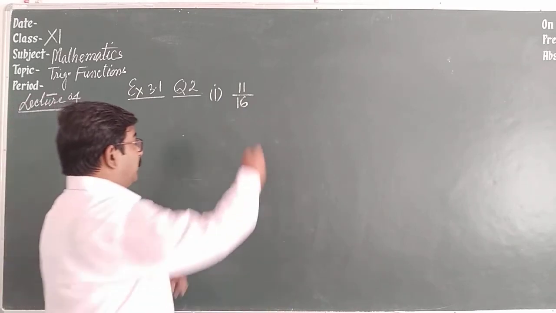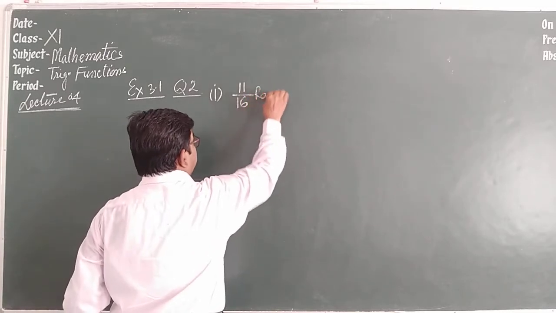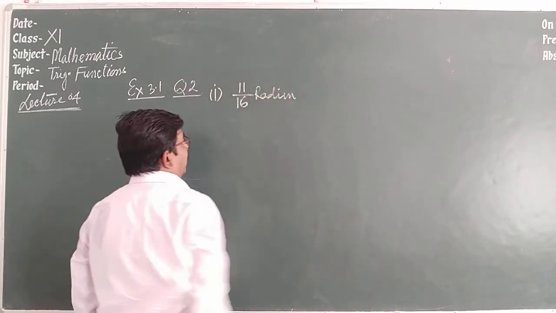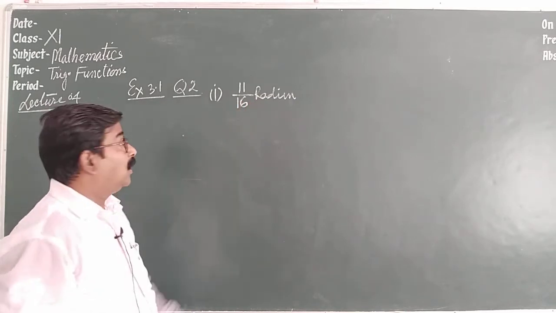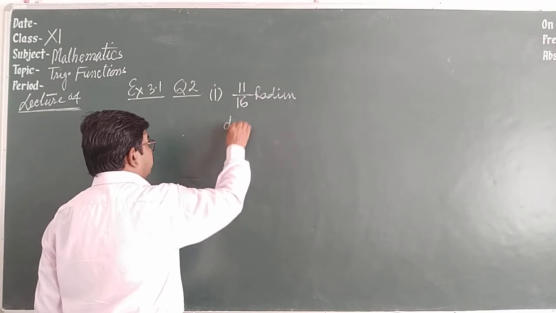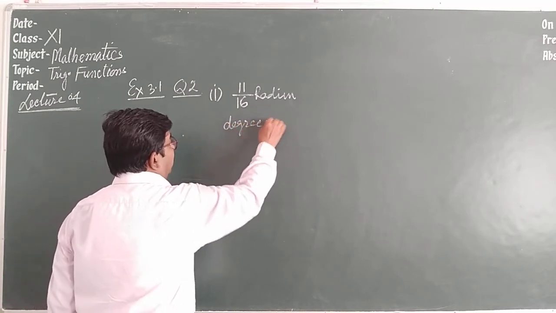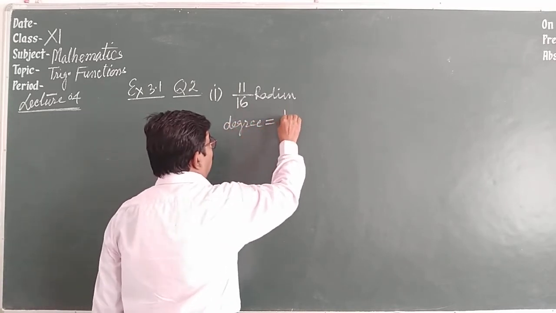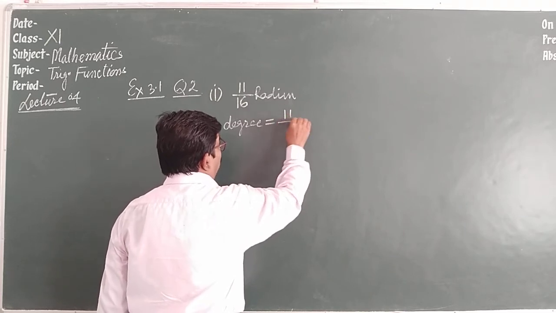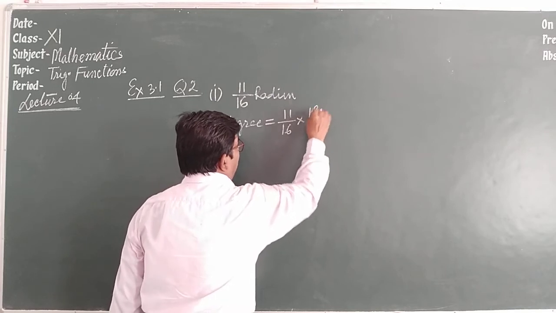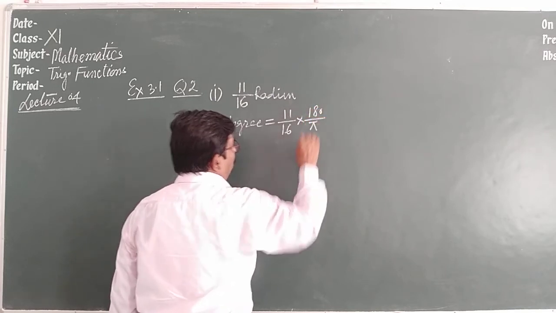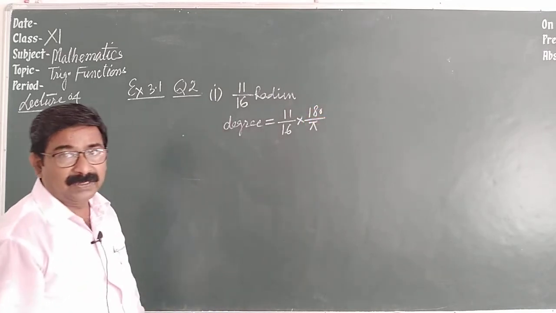It is radian, so we have to change this into degree. How to change? We write degree measure is equal to 11 upon 16 into 180 upon pi.